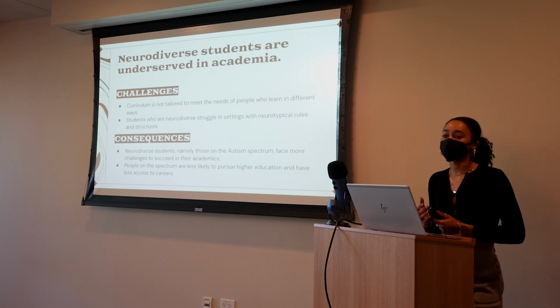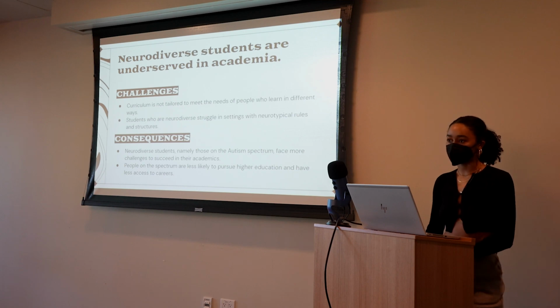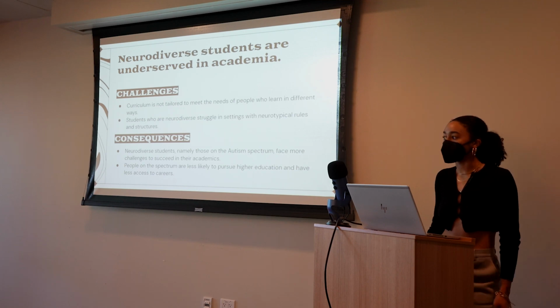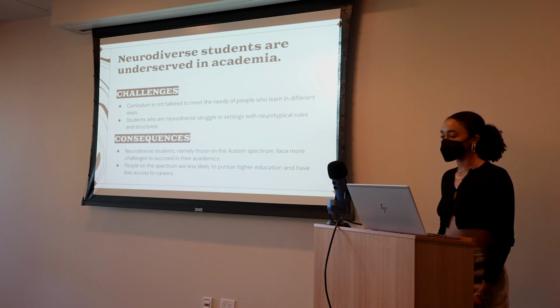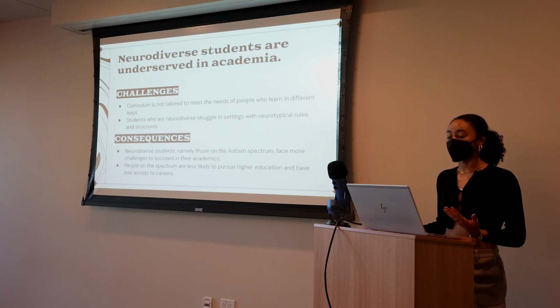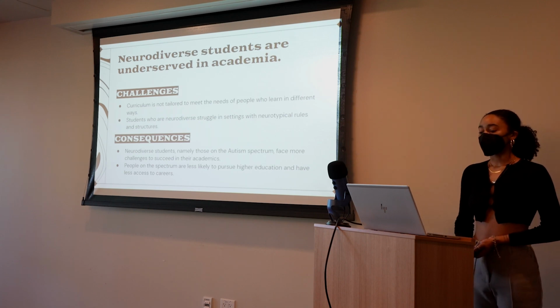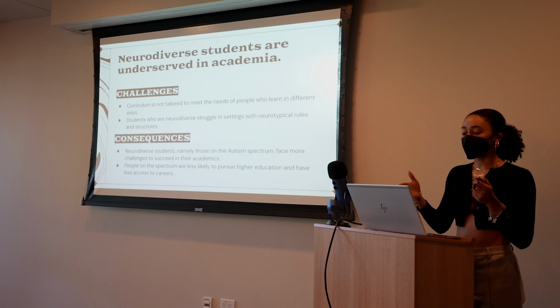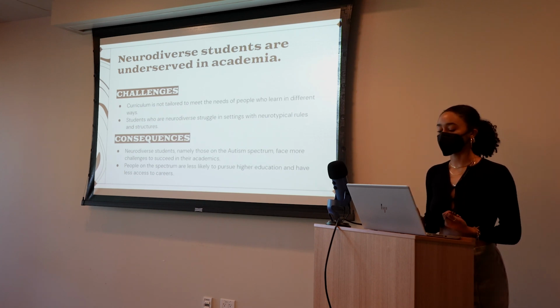Why does it matter that autistic people are able to get the same opportunities as neurotypical people? It matters because we're scientists. We know that genetic diversity matters. We know that it's important to have different frames of reference. So if we're studying something only in one way, we're going to have limited results. We're not going to see the full picture.